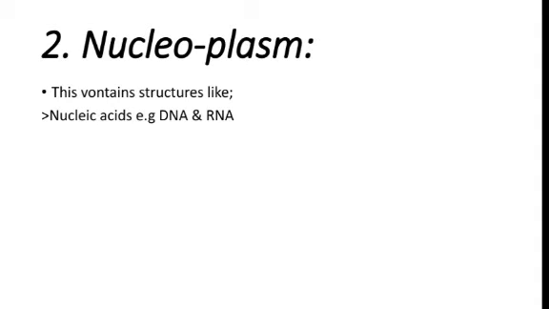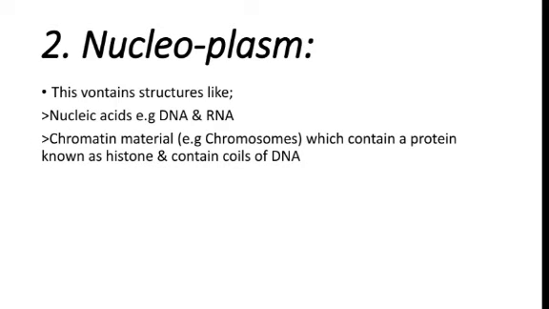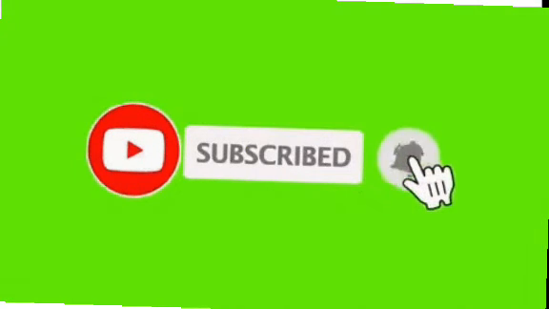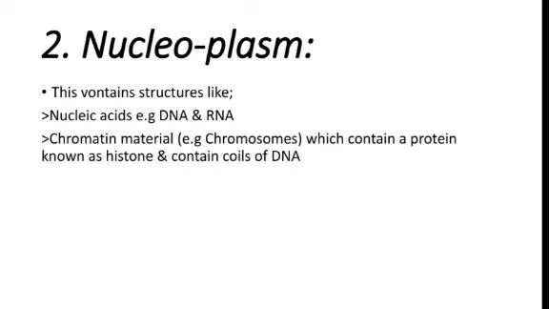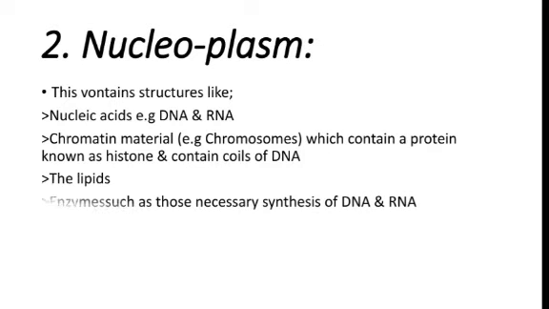So it contains nucleic acids such as DNA and RNA. It also contains the chromatin material, the one which we saw inside, the one which we can call the chromosomes, which contain a protein known as histone, and contain coils of DNA. Histone is just a protein that covers it on its top, and it contains coils of DNA.